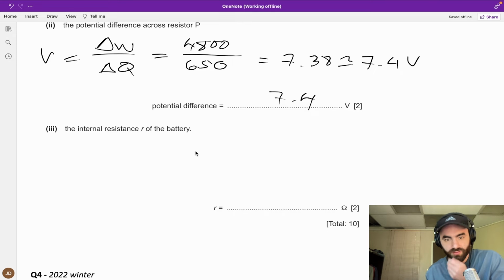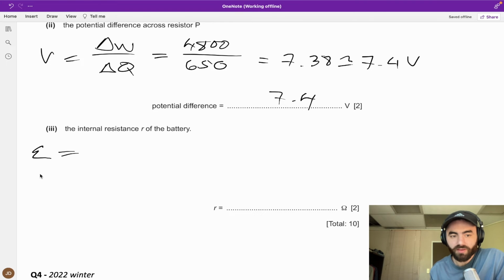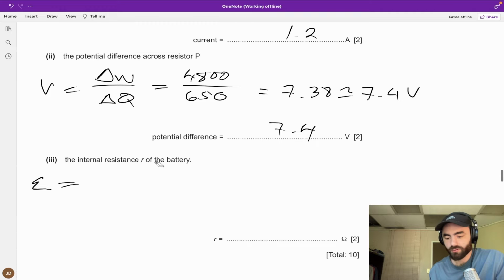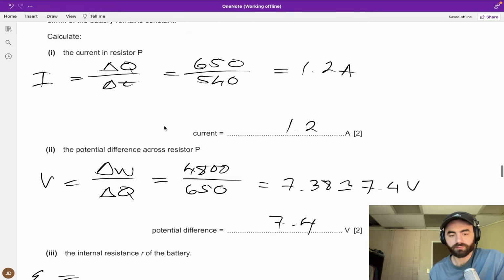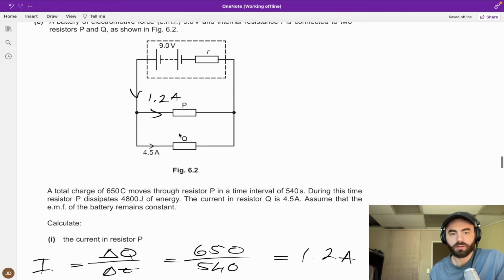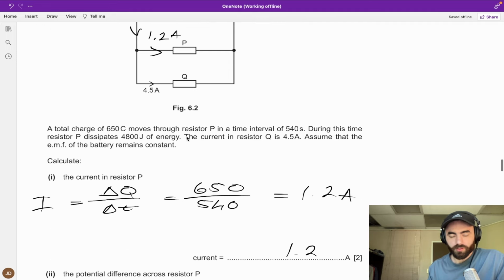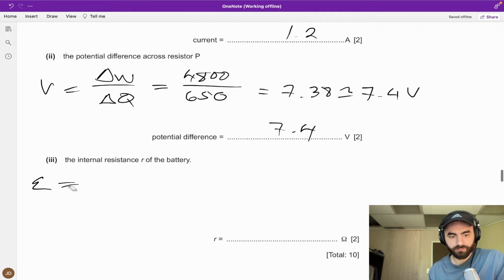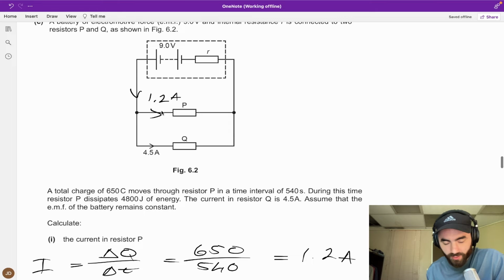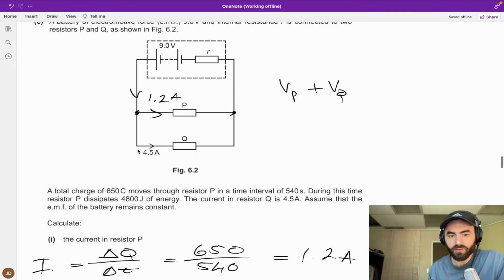The internal resistance of R, well, this comes down to the EMF supplied equals the total potential differences. So the potential difference will equal V plus, remember that, you might think it's VP plus VQ, but the potential difference across these two things is the same.